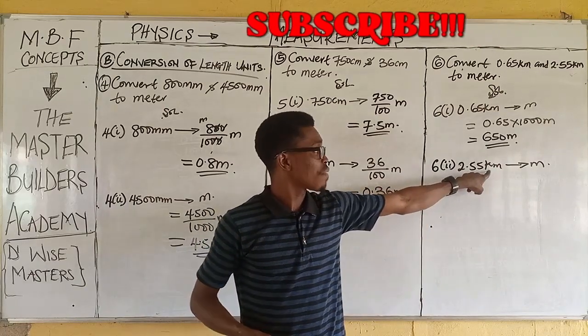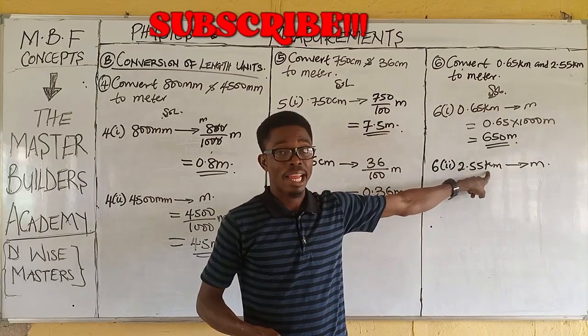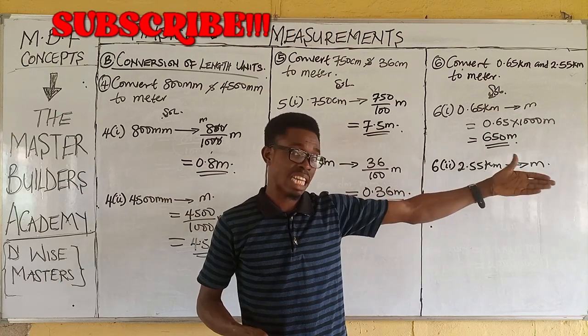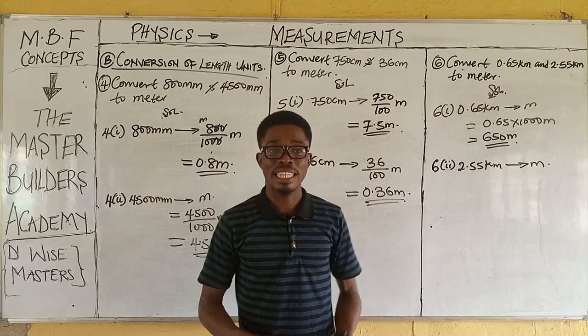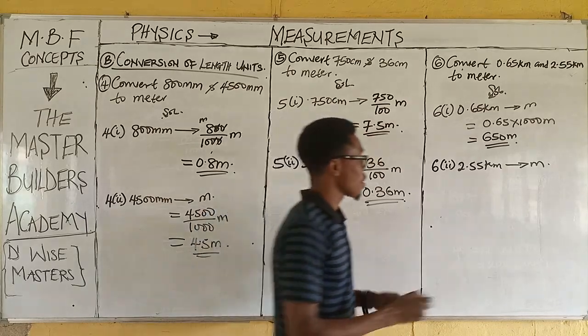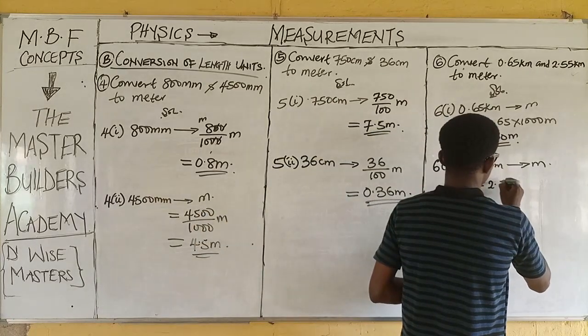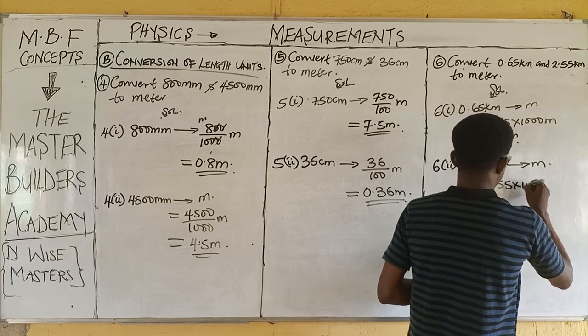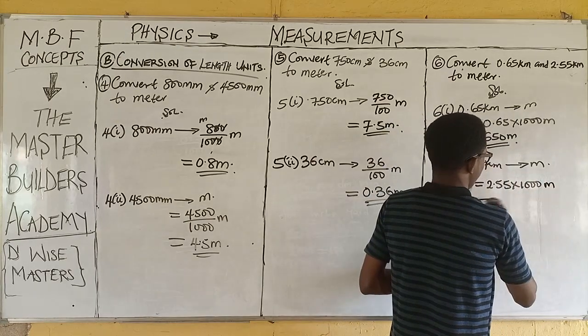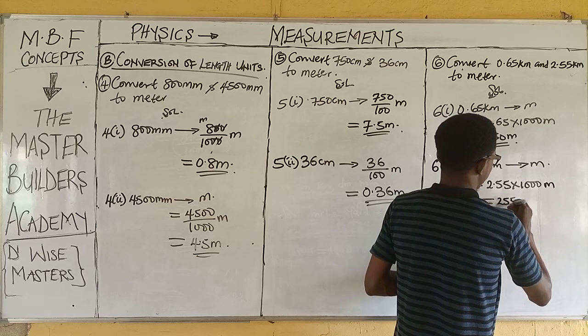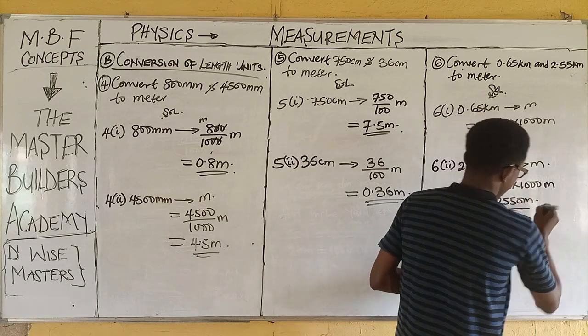Now, we have kilometer, and kilo means 1000. So to convert from kilometer to meter, multiply the given value by 1000. Therefore, this gives us 2.55 multiplied by 1000, or 10 raised to the power 3, either. Then this gives us 2550 meters. It's as simple as this.